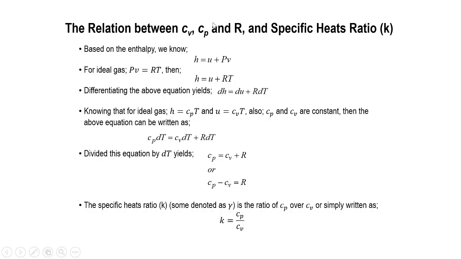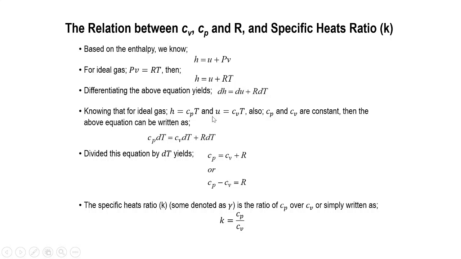So the relation between your Cp, Cv and R, and also the specific heat ratio k. Based on the enthalpy, we know that enthalpy h is internal energy plus pressure times volume. So for ideal gas, Pv is equal to RT. Then enthalpy is equivalent to internal energy plus RT, gas constant times temperature. Then you differentiate the above equation, you get something like this.